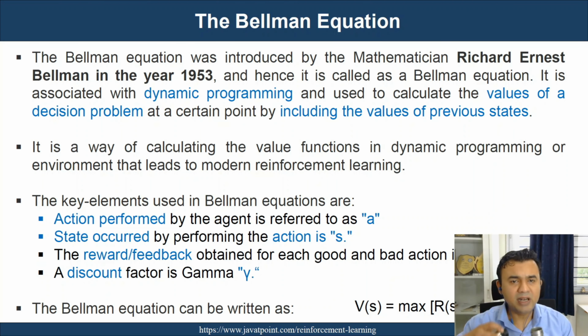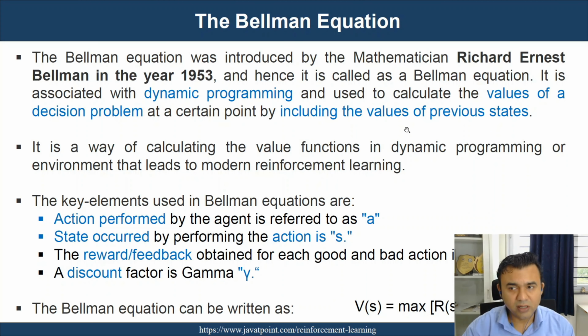The Bellman equation was introduced by the mathematician Richard Ernest Bellman in the year 1953, and was associated with dynamic programming. He was trying to calculate the value of a decision problem at a certain point by including the values of the previous states.